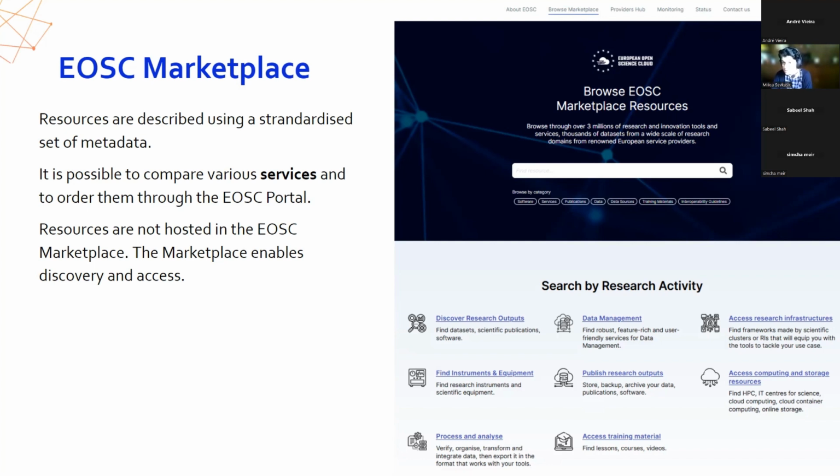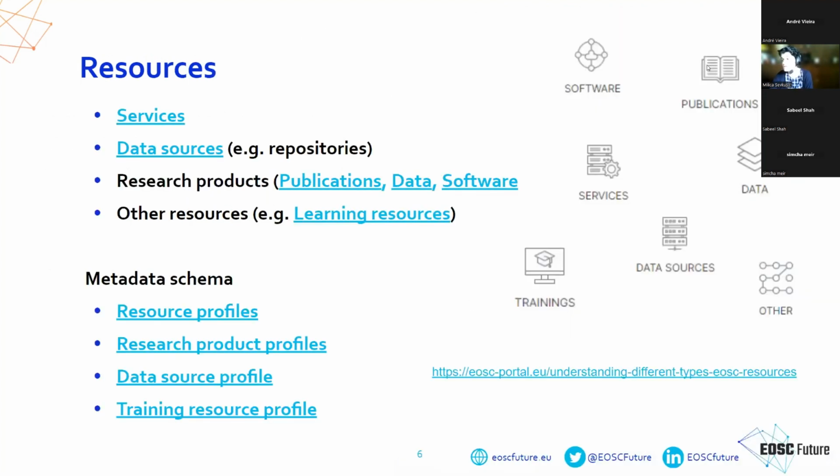And actually what we have in this EOSC Marketplace is a catalog. These are just metadata records describing these resources. Resources is the term that we use to cover, you can see on the right and on the left, all these types of documents. These are services, these are data sources.